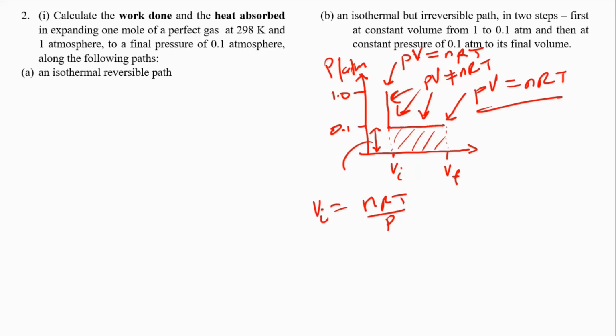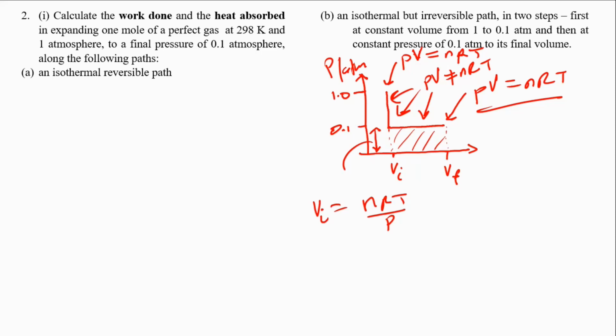There's a relationship between volume and pressure, and there's a law which tells us about this relationship. It's called Boyle's law, which tells us that volume and pressure are inversely related for a fixed temperature and for a fixed mass of gas. Remember what mass is? It's the number of particles in a body, like the number of moles. In our case, the number of moles is fixed at 1, and our temperature is also constant.